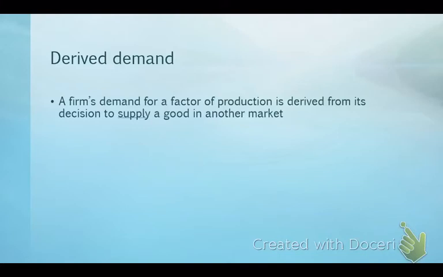So then, if the price of something goes down, then the demand for the factor may be less. All right? So, anyways, the shifts in the product market affect the factor market.